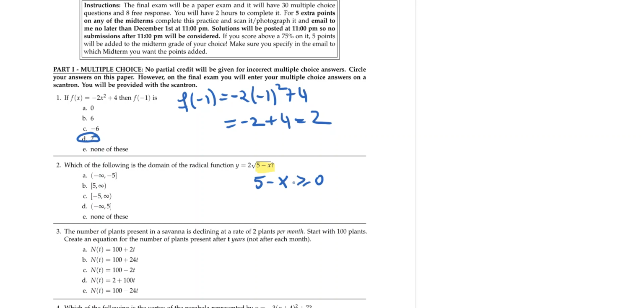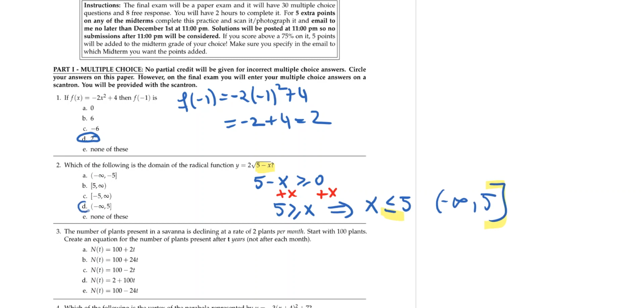If I add x to both sides, I'll get that 5 is greater than or equal to x, or in other words, x is less than or equal to 5. And in interval notation, this means -infinity to 5 bracket. The bracket is because we have the equal sign in here. So then the answer will be D.